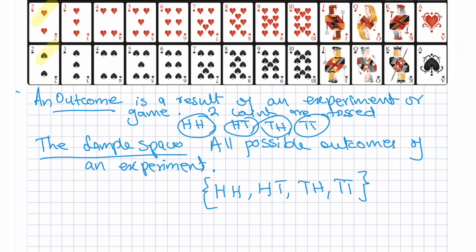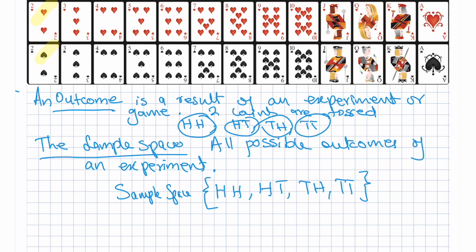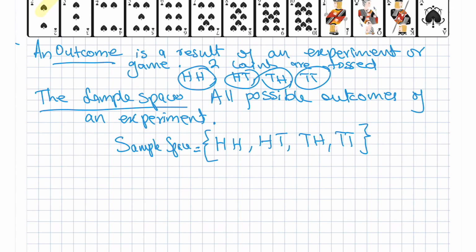So this is the sample space. These are the total outcomes of tossing 2 coins.